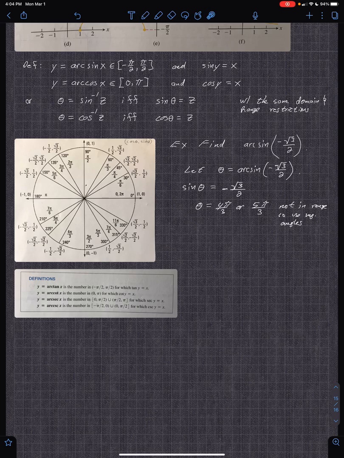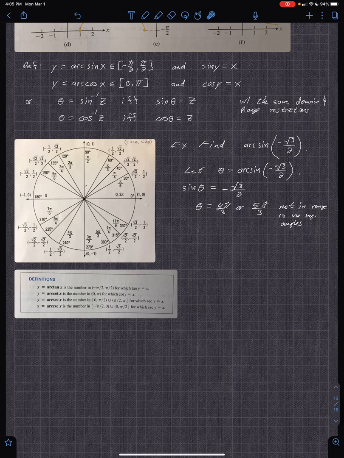So what you'll do then is go from here and you'll go negative down. If you go negative, then that becomes negative pi thirds. If you start here and go this direction, then it's this angle, right? So you go negative. So it's negative pi thirds. So theta would be equal to negative pi thirds.